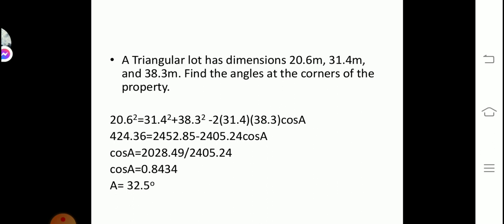So cos A equals 0.8434. So the answer is A equals 32.5 degrees.